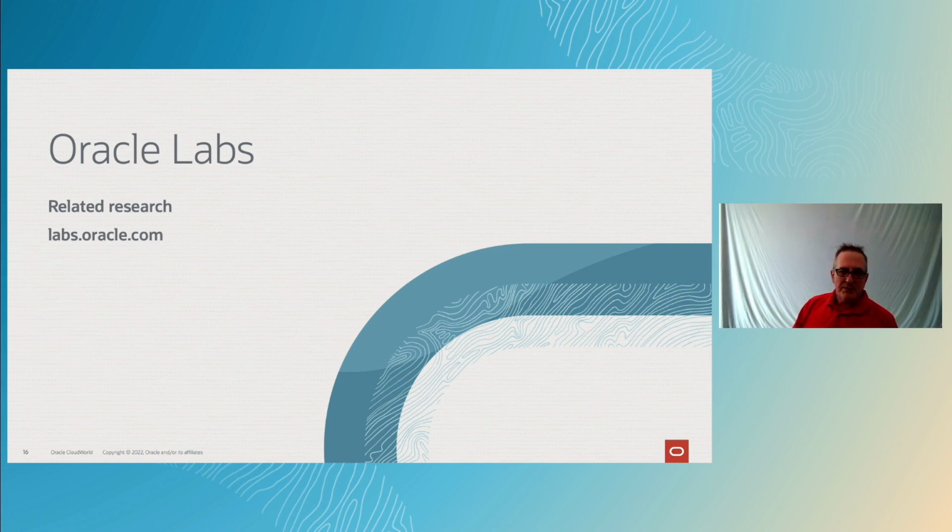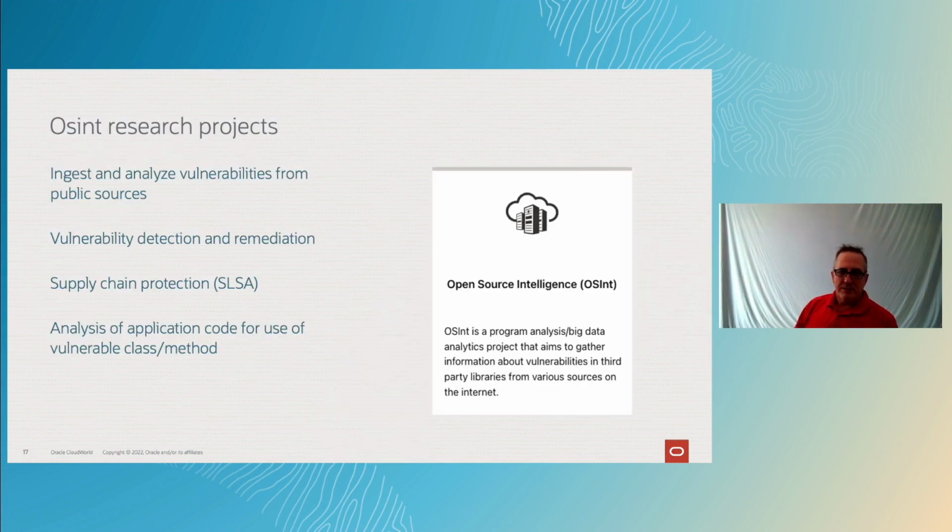But much of what you see in the ADM service came out of a team called the OSINT research team, open source intelligence. So some of the projects they've been working on is analyzing vulnerabilities from public sources, figuring out how to best ingest that into a system, how to do vulnerability detection, as I've shown you, and also investigating how we can soon deal with remediation, which refers to fixing the vulnerabilities.